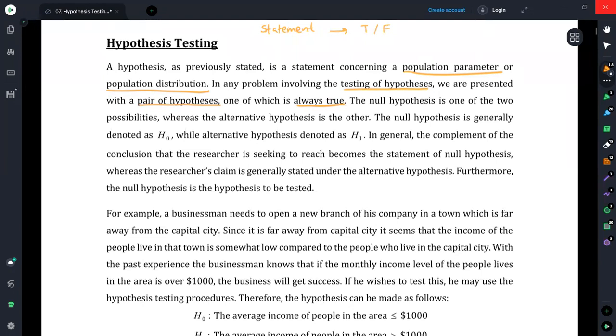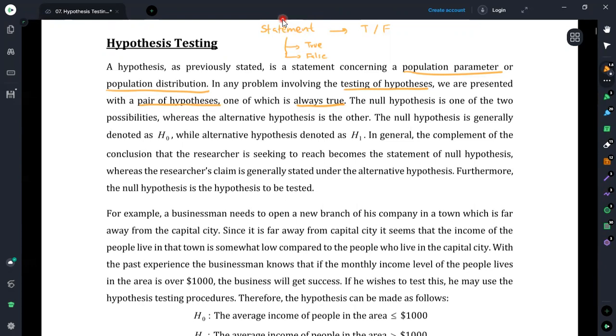But if you need to check whether it is true or false, for the hypothesis testing we need to make them into two statements. One would definitely be a true one and the other would be a false statement. Making one true or false can be obtained just by taking the negation of the statement. Still, we do not know which is the true one and which is the false one.